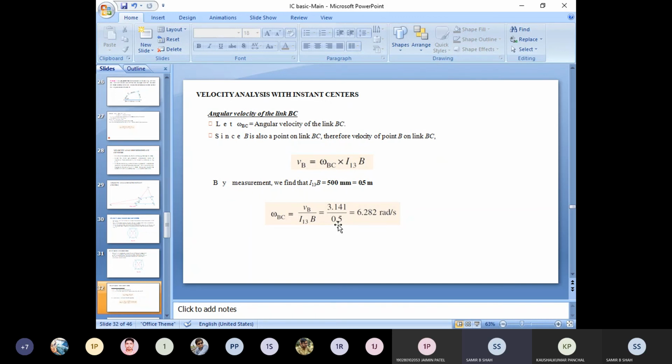This is the answer for the angular velocity of link BC. So this is the first of the four-bar chain mechanism with the help of the I center method. If you have any query, you can ask me in the comment box and I will try to answer your queries.